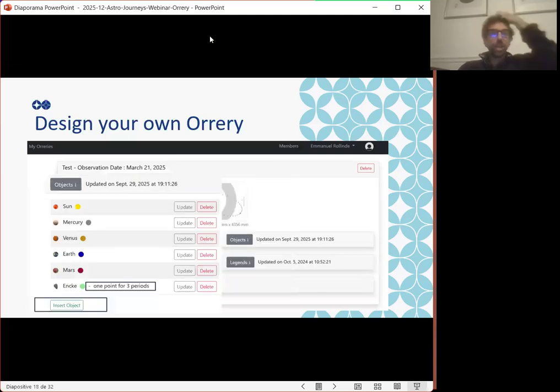Then you can choose the objects that you want to add. You can insert objects, you can remove objects, you can change the duration between 2 points. That's what Benedict said at some point. For Enke, we put one position every 3 steps.